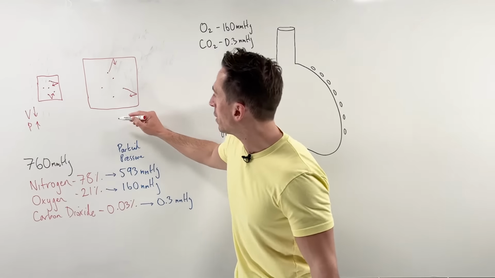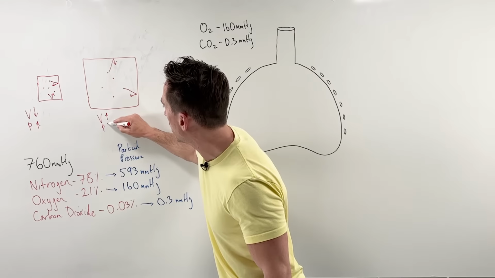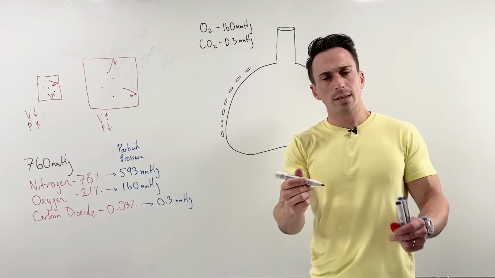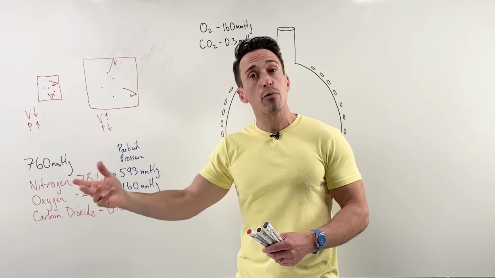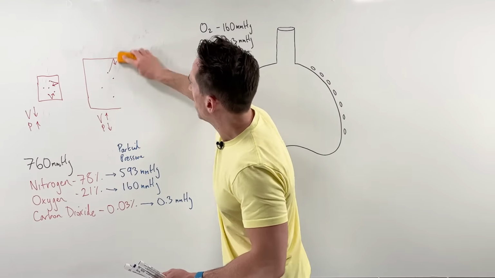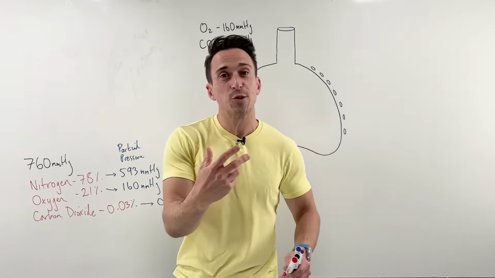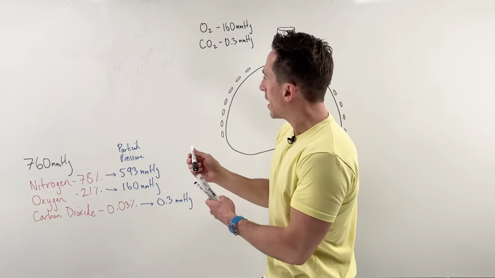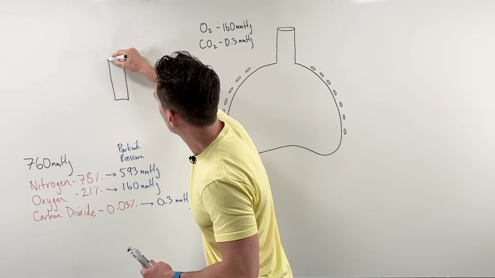And so the pressure in this one, even though the volume is higher, is lower. So you can see that there's an inverse relationship between the volume of a container and the pressure in that container. Another great example that demonstrates this is using a syringe, right? So let's just take a syringe.